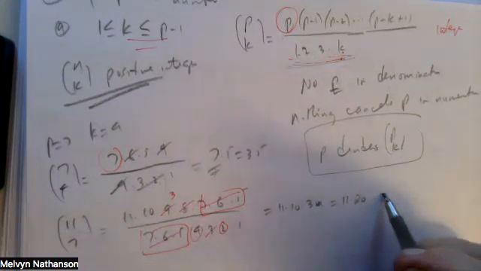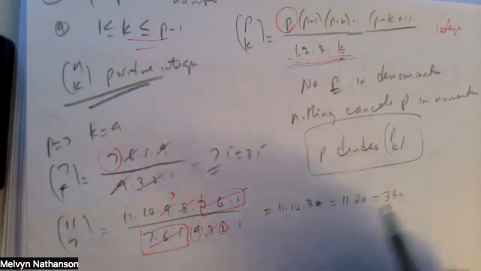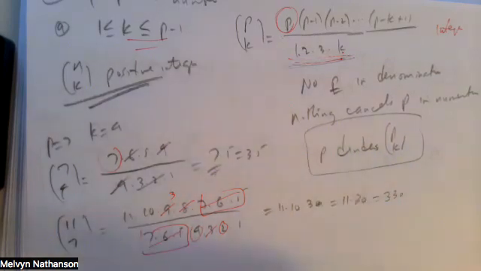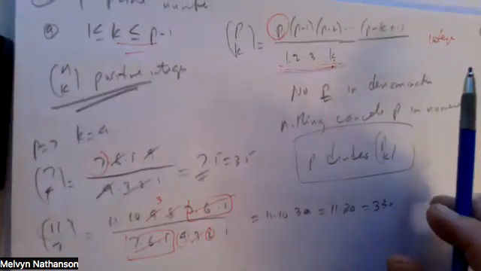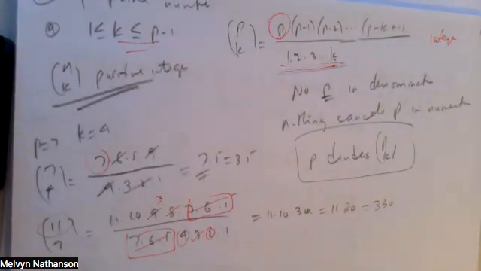It's 330. This is divisible by 11. Okay. Here I have a prime. There's no prime in the denominator to cancel it, so the integer you're left with is a multiple of the prime.